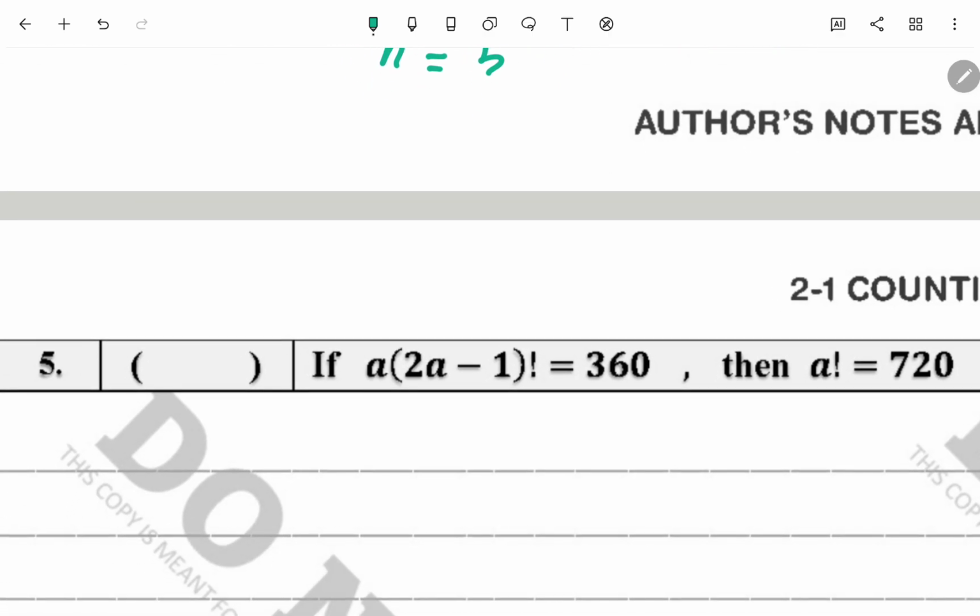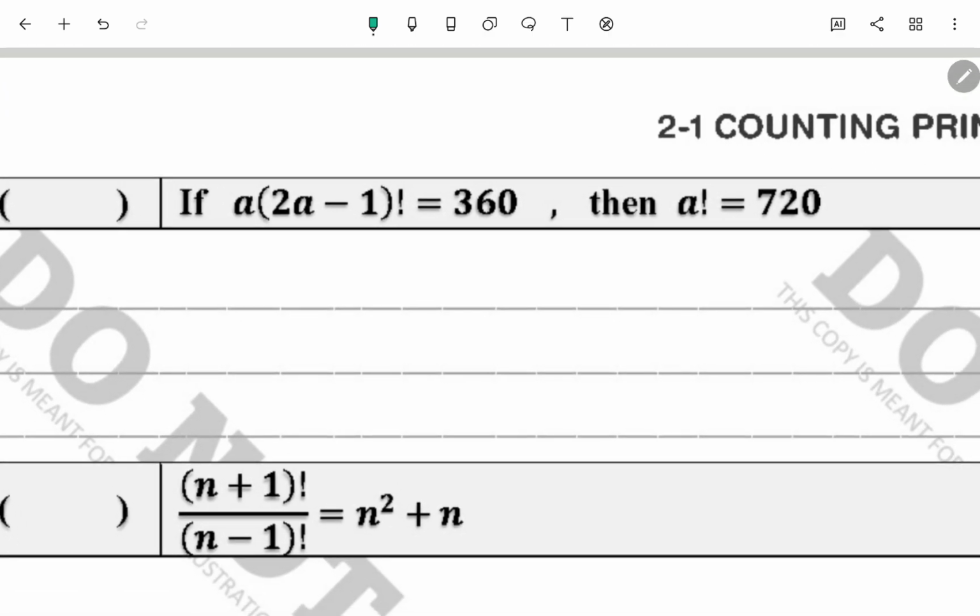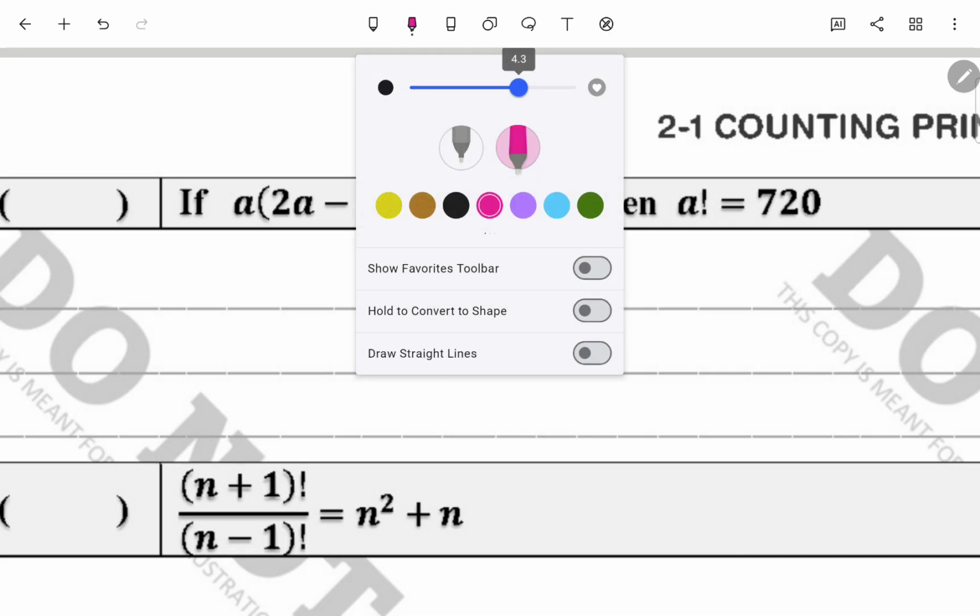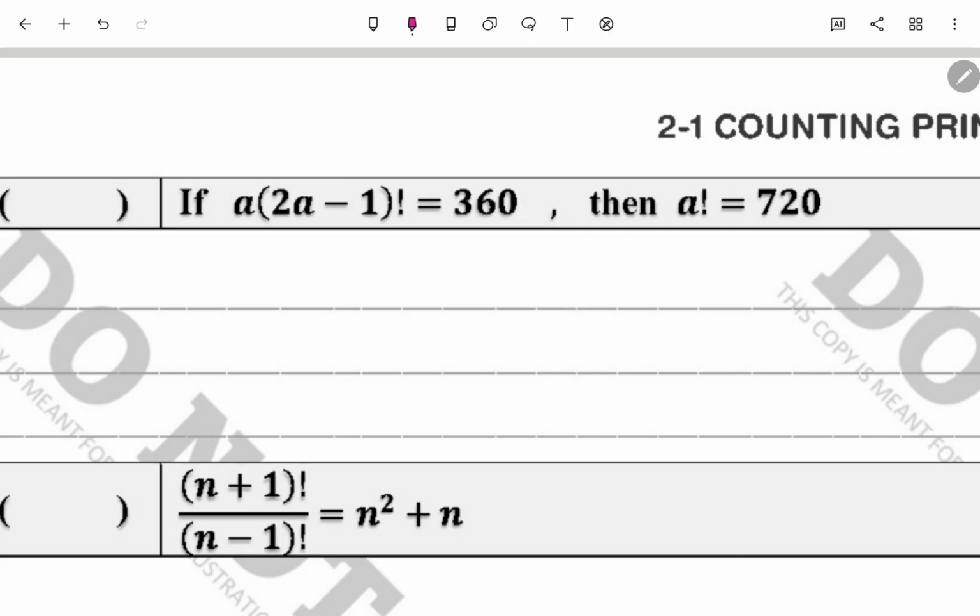In number 5, if we have a multiplied by (2a minus 1) factorial equals 360, we need to prove that a factorial equals 720. You can look at what you have inside the bracket.